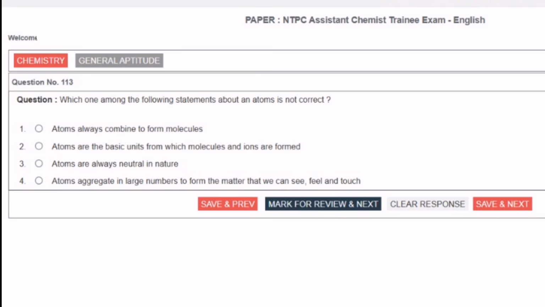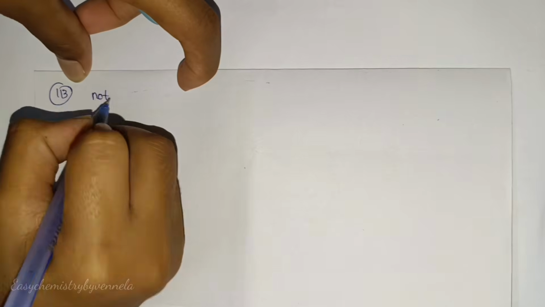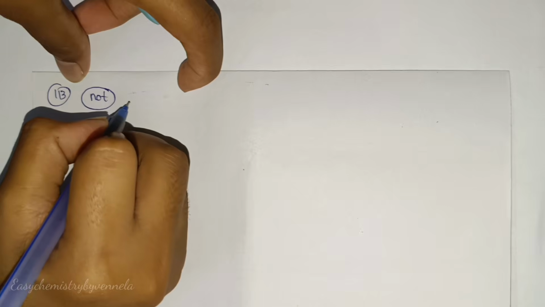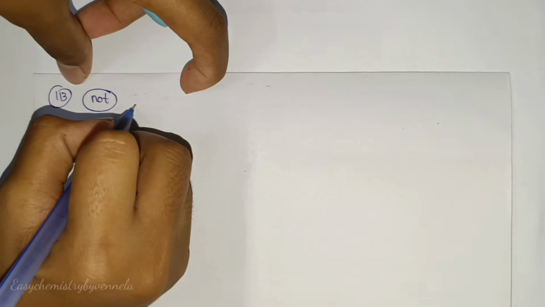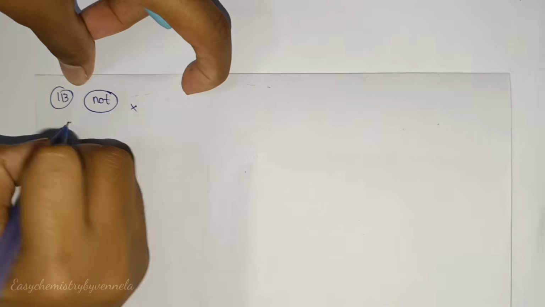Next question. Which one among the following statements about an atom is not correct? Atoms always combine to form molecules. No. It does not always combine to form molecules. So the first statement is the wrong statement. Next, second statement.